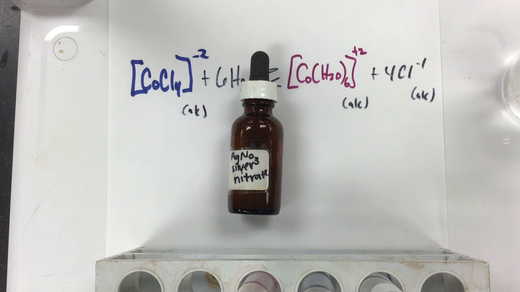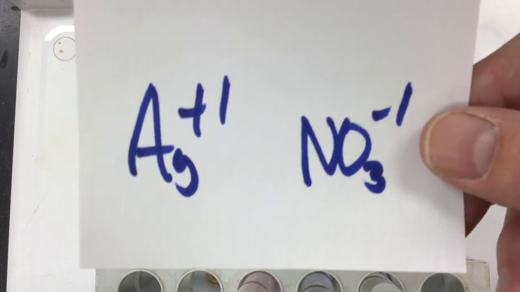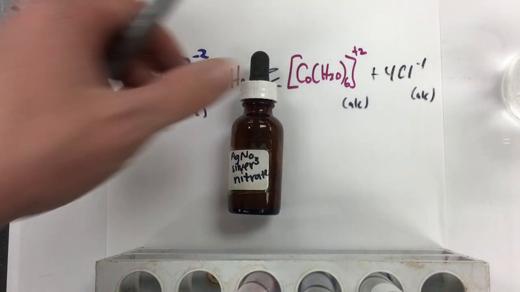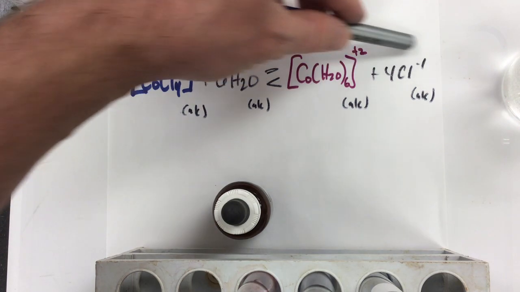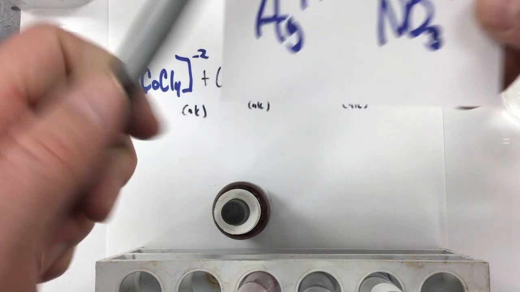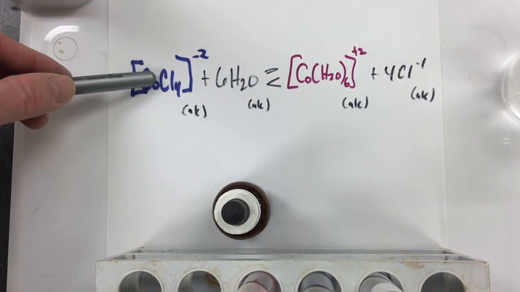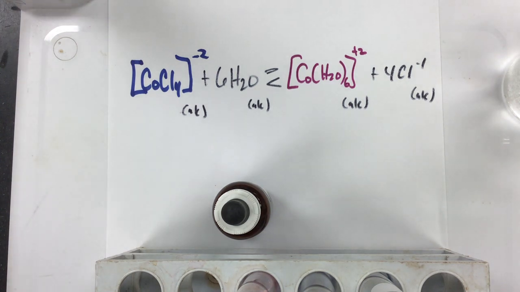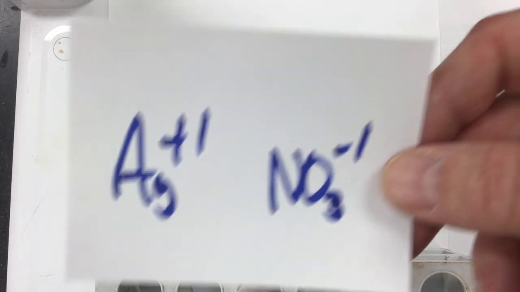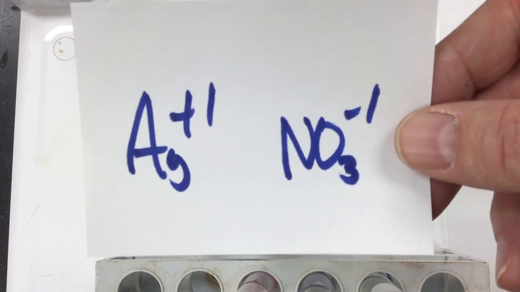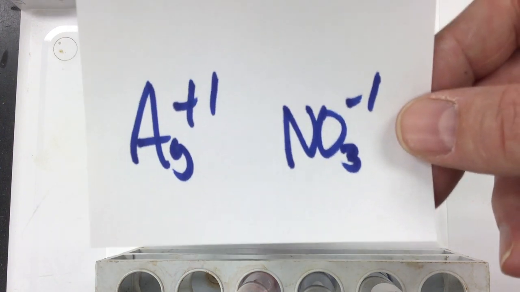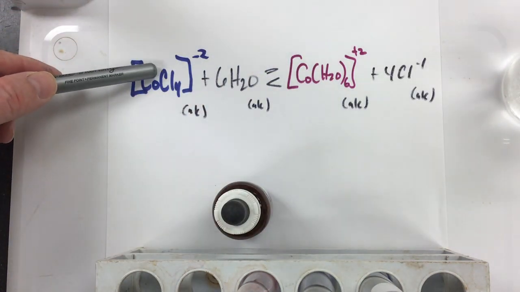It's got the silver ion and it's got the nitrate ion. So silver nitrate does not appear to be involved. Silver is not in anything that is here, and nitrate is not in anything that is here. So at first glance, it appears that silver nitrate will have no effect because neither of these species are involved in what's going on here.